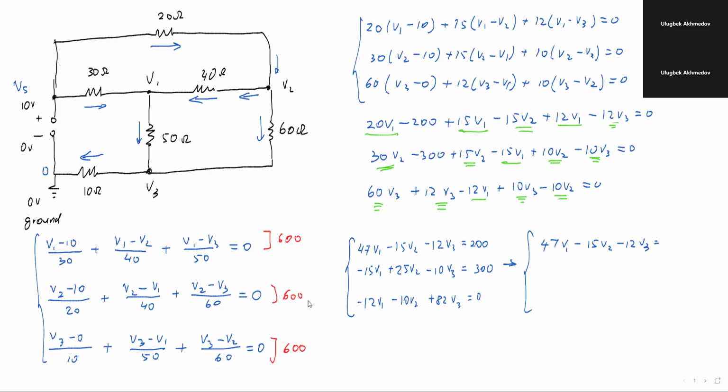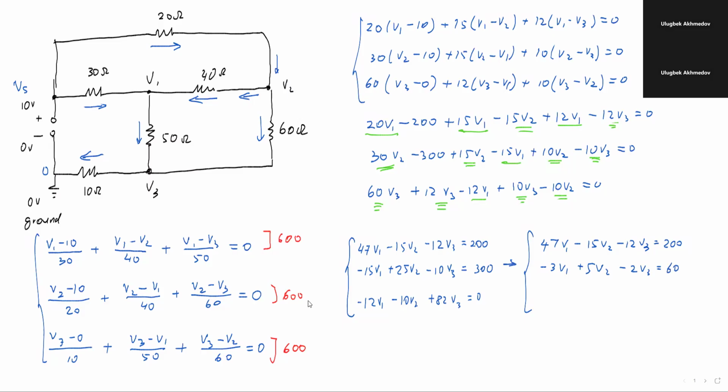The second equation, we can divide each term by 5. So it becomes negative 3V1 plus 5V2 minus 2V3 equals 60.